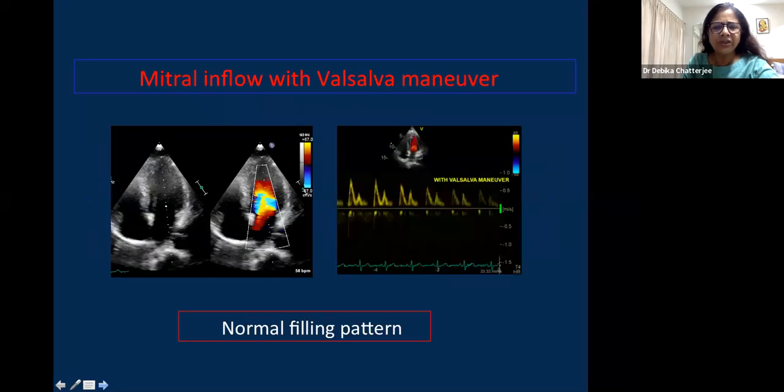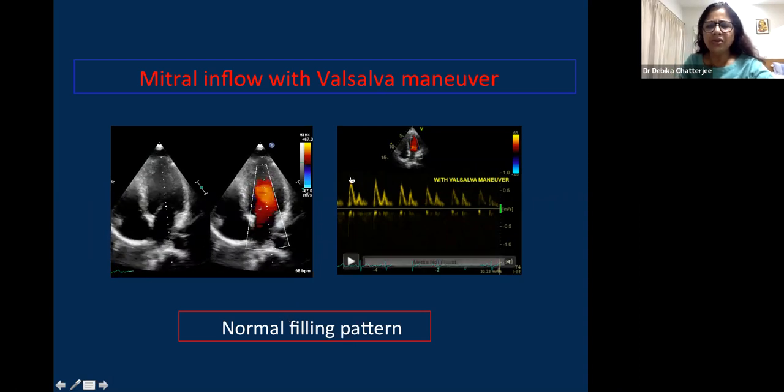Now first, let us see what happens to the mitral inflow in a normal patient having a normal filling pattern when we ask the patient to do the Valsalva maneuver. See, this is the normal, E is more than A. I ask the patient to do the Valsalva. He starts doing Valsalva from here.